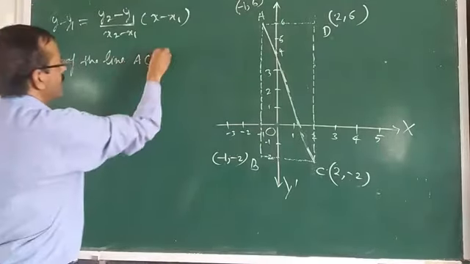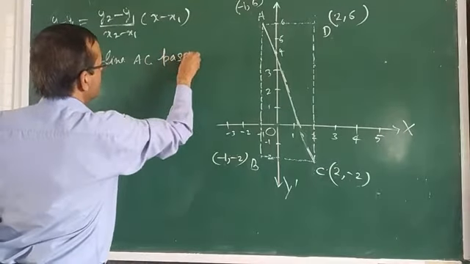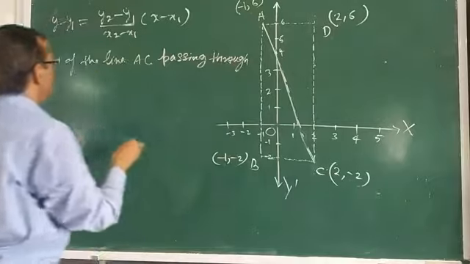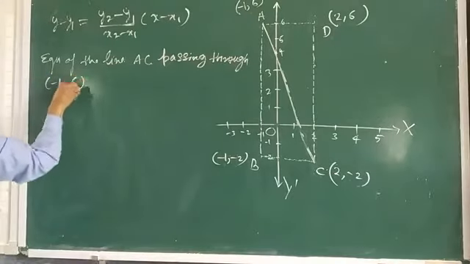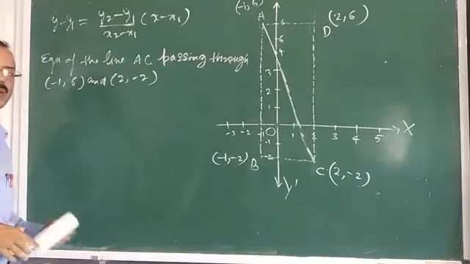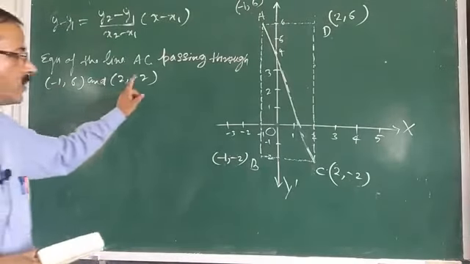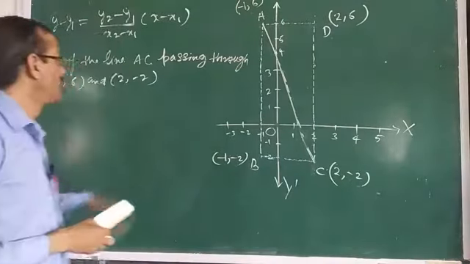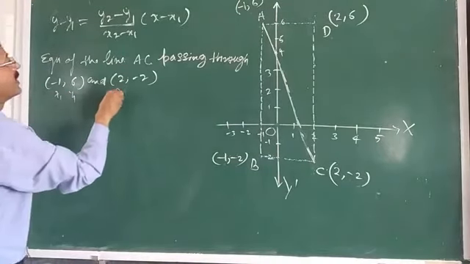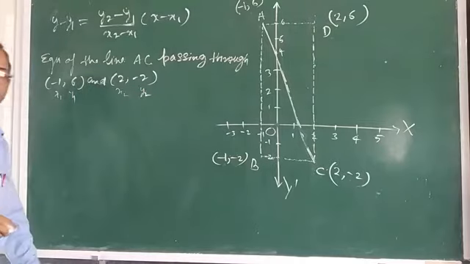Line AC passing through -1, 6 and 2, -2. ठीक, x1, y1, x2, y2. Suppose this is x1, this is y1, this is x2, this is y2.